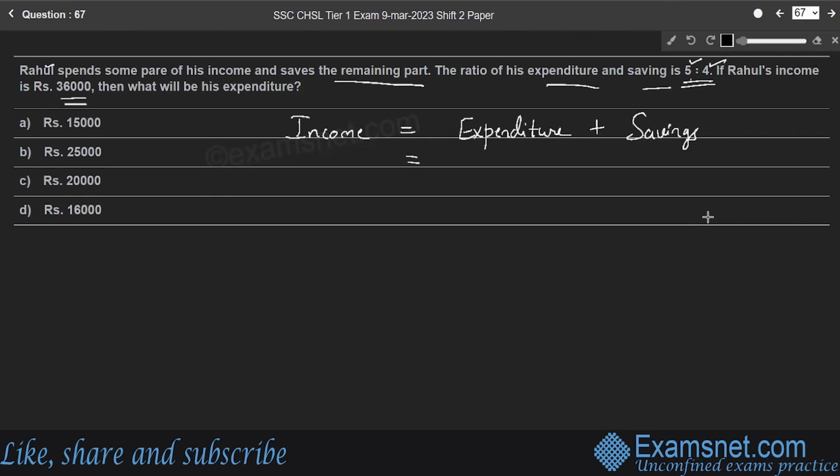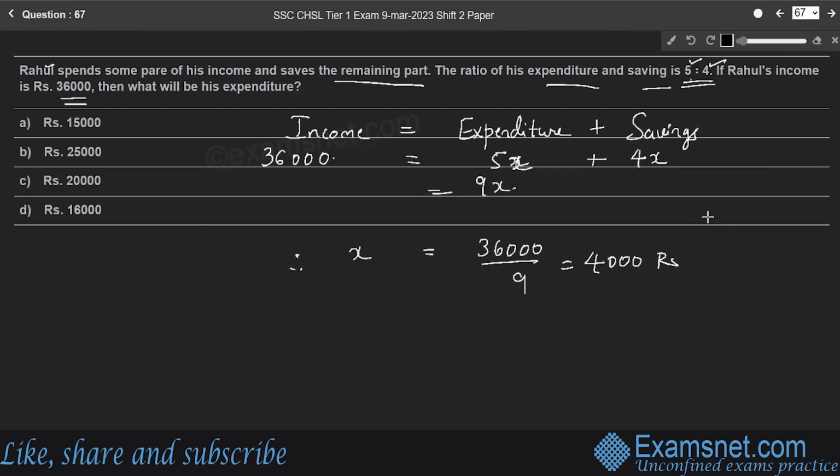Therefore, Rahul's expenditure becomes 5x and savings becomes 4x. Income is already given, 36,000 is the income, which is equal to 9x. Therefore, x is equal to 36,000 divided by 9, which is 4,000 rupees.